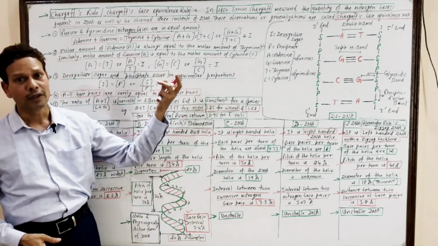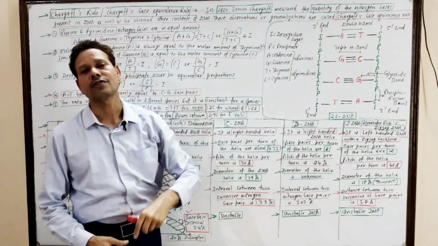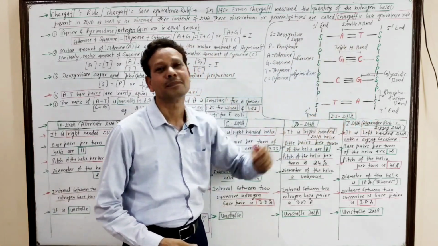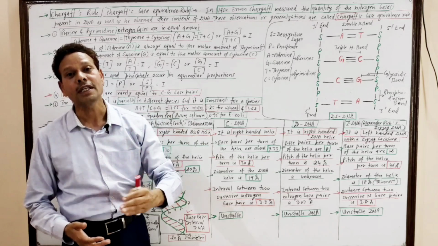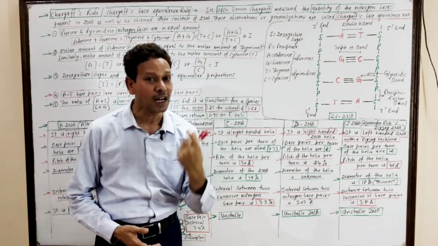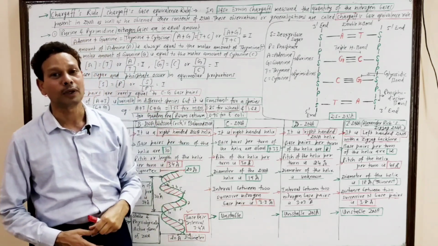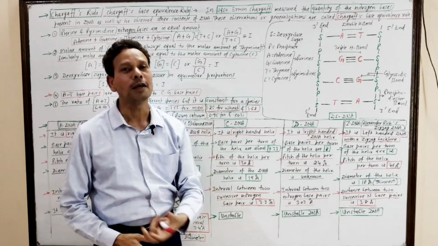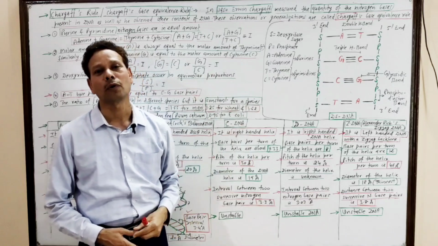As we know, DNA is a double-stranded helical structure, and both its strands are made up of nucleotides, deoxyribonucleotides. Dear students, DNA is the largest biomolecule. This is the largest macromolecule, and this DNA molecule is a polymer of DNA nucleotides, deoxyribonucleotides.